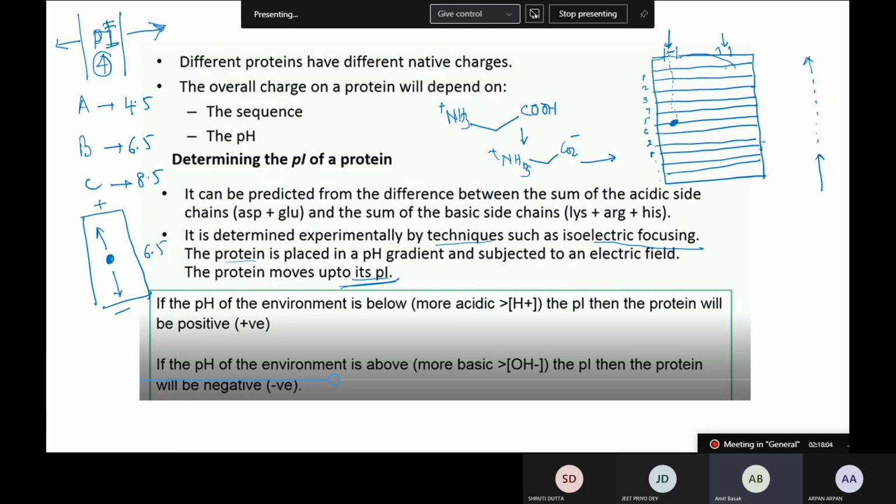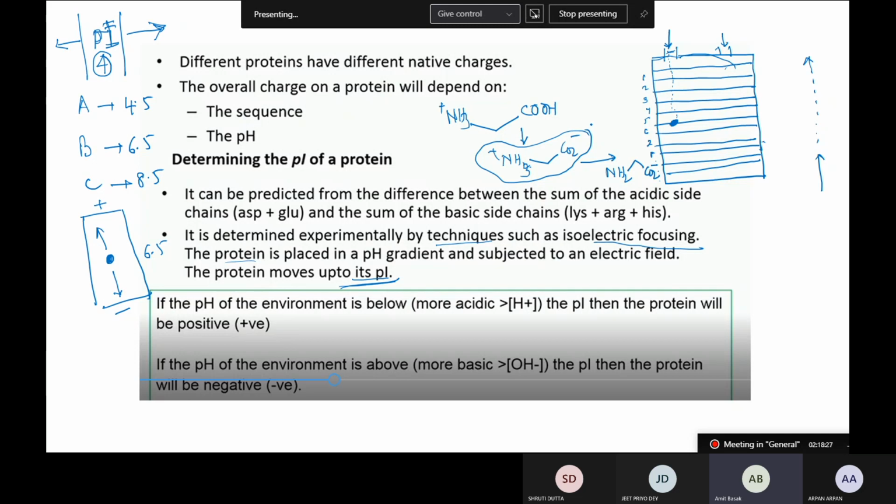Then as you raise the pH further, you get NH2 and CO2 minus. So these are the three species: low pH this, intermediate pH this, and as you increase the pH, this one. The isoelectric one is neutral, NH3 plus CO2 minus.